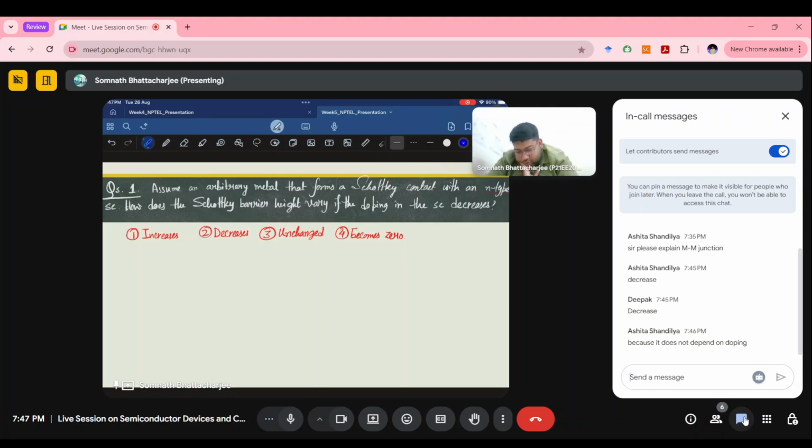So the answer from both of you is that if we are increasing the semiconductor doping, the height should increase, and if we are decreasing it, the height should decrease as well, right? Based on the number of electrons. Okay. So you are saying if we are increasing the n-type doping, there would be more electrons and the height would also decrease.